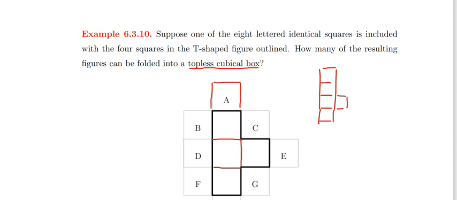For this 4, one is one side, and the other face is topless. We can make a box. Okay, so which one cannot make a box? So suppose that we have this topless box.